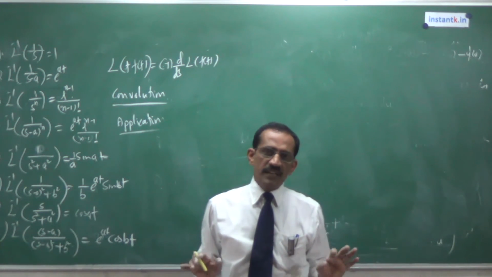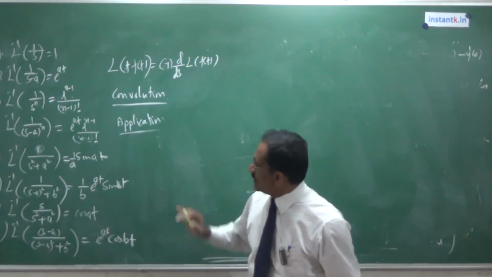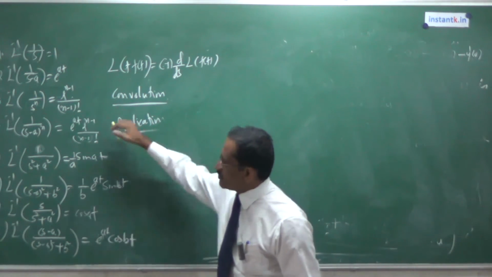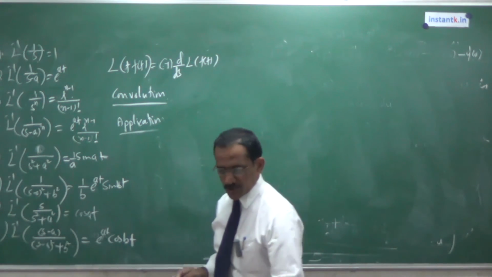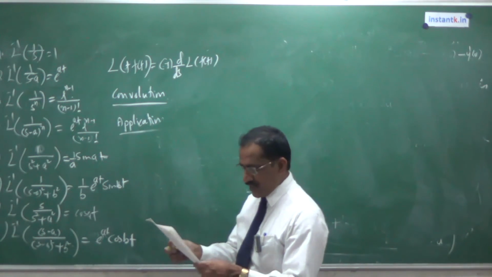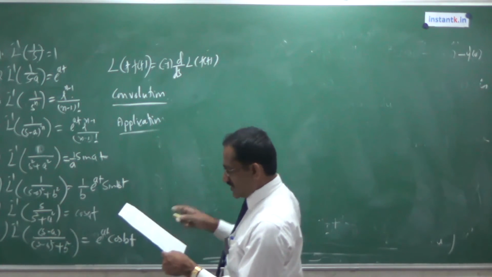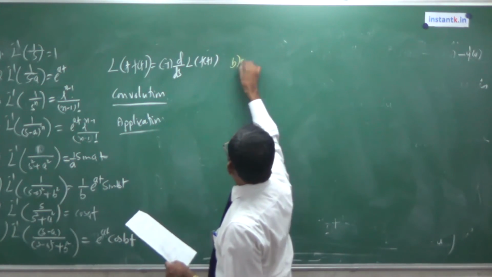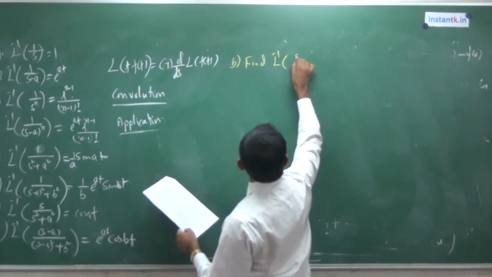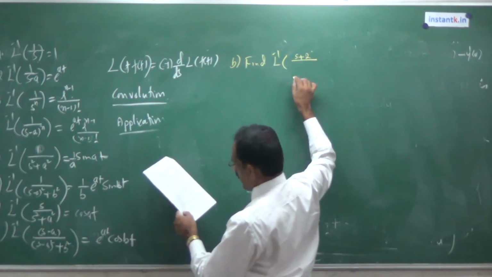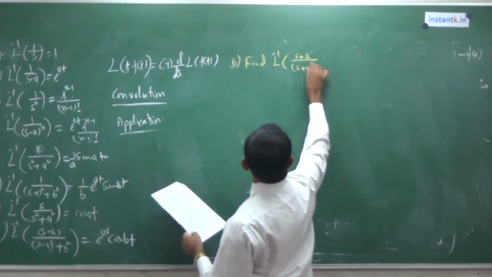You can then find the inverse Laplace transform. So these are the results that must be remembered to answer this type of question. Here the first question asked, for 4 marks, is: find the Laplace inverse of (s plus 2) divided by (s plus 1) to the power 4.